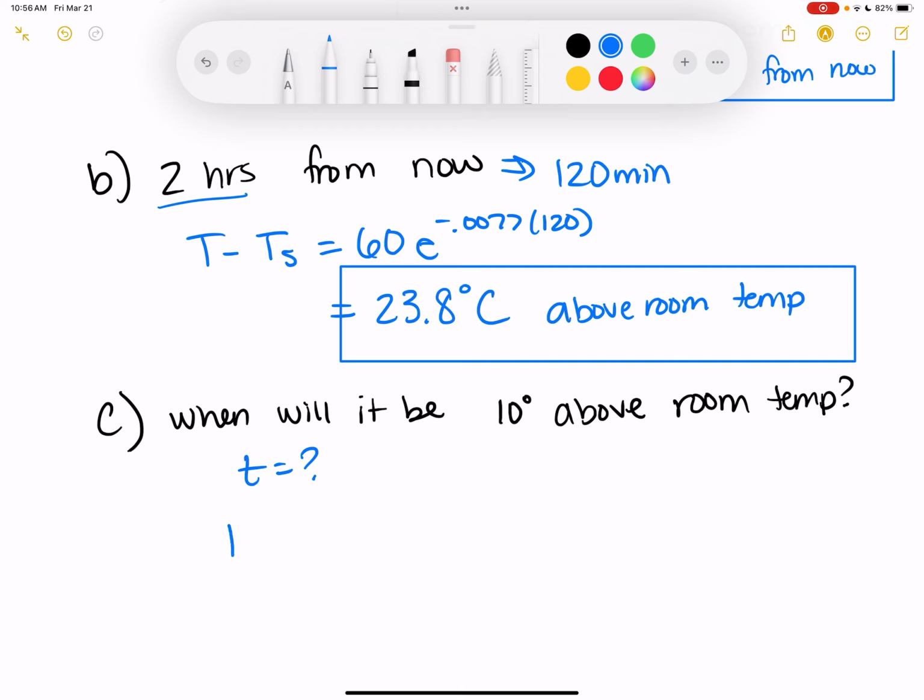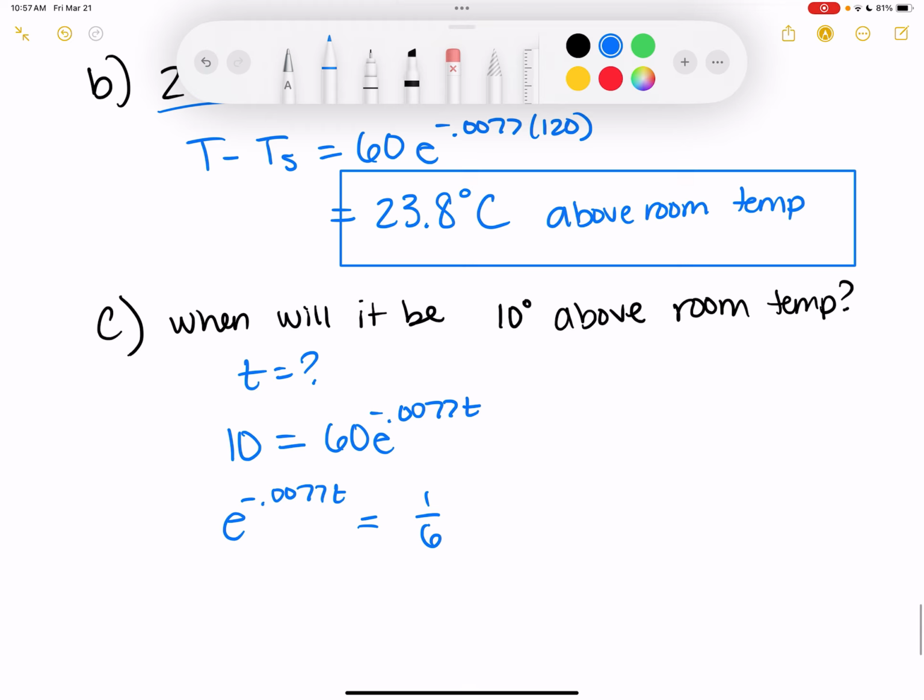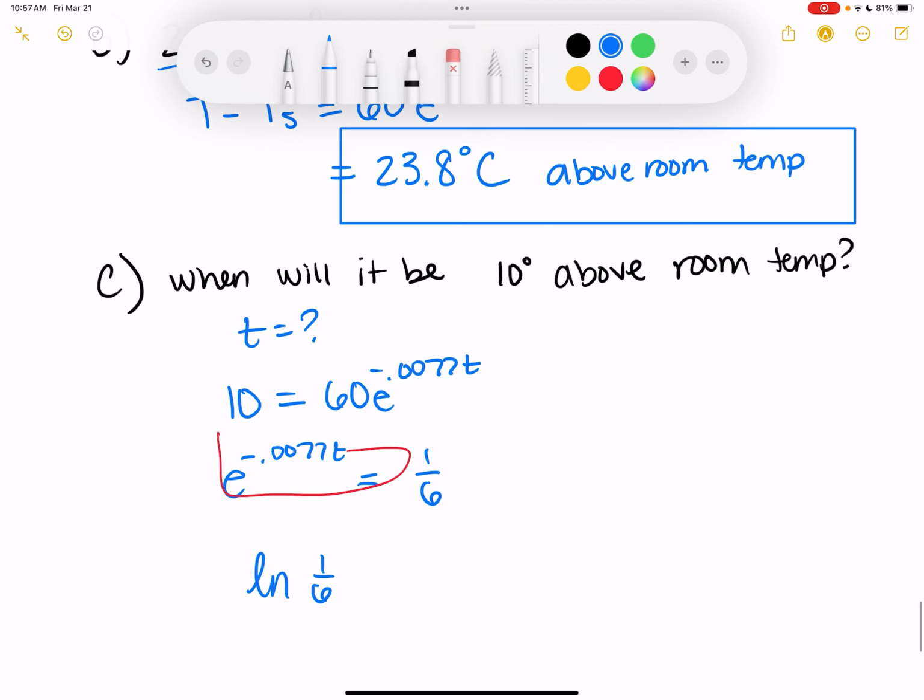So 10 equals 60 e to the negative 0.0077 T. So e to the negative 0.0077 T equals 1 over 6. Ln of 1 over 6, I'm going to go ahead and do divided by negative 0.0077 equals T.